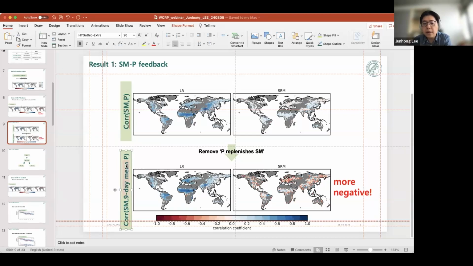So for example, the first day of soil moisture is computed with the 2nd to 10th day of precipitation. It's hard to remove all the signals, but at least some of the signal from precipitation leading to soil moisture can be removed. That's what I did.